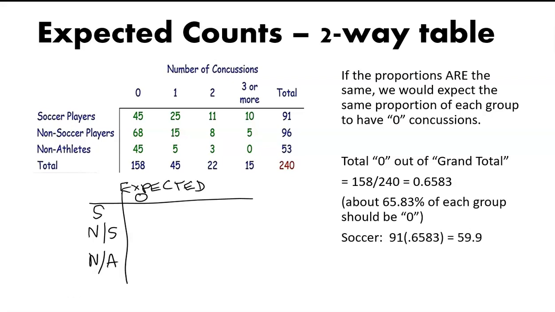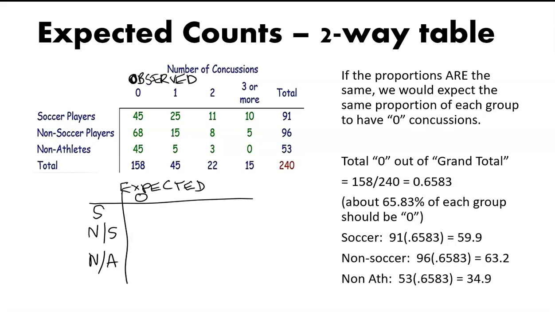There were 91 soccer players, times about 65% is 59.9. For my 96 non-soccer players, times 65% gives 63.2. That would be my expected count. And for my 53 non-athletes, I would expect about 34.9.